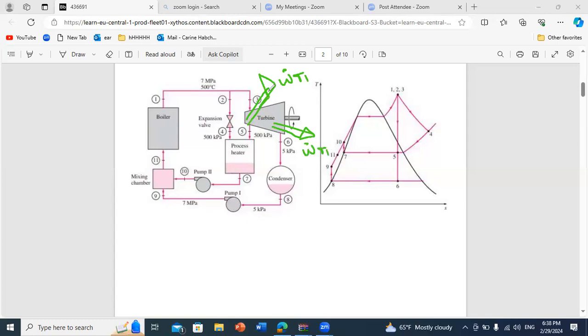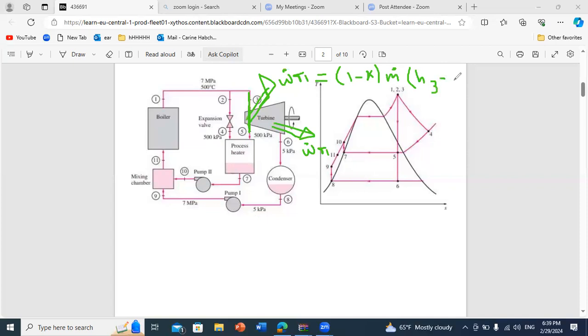So you should say, what is the fraction circulating in the first stage? It's 1 minus x. So I do (1 minus x) times m dot times h at the inlet of the turbine, which is at 3, minus h at exit of stage 1, which is 5.